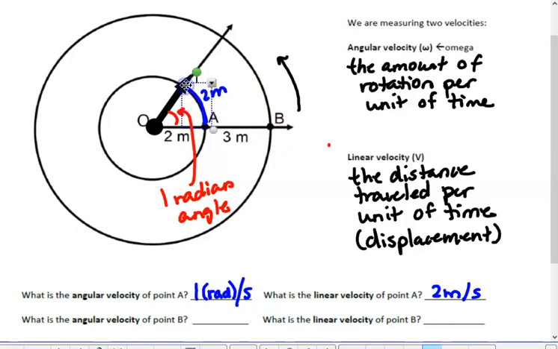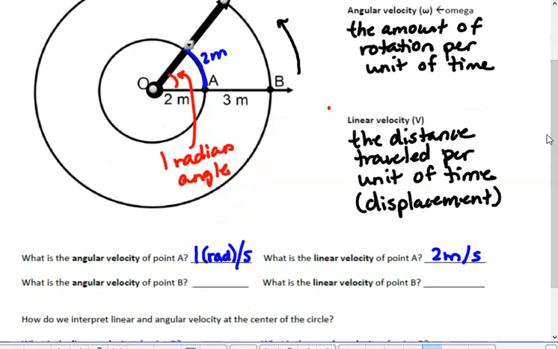Now let's go to point B. If we go from here to here in 1 second, notice that the angle traveled is still 1 radian. The angular velocity of point B is still 1 radian per second.